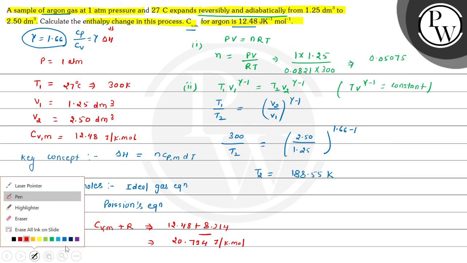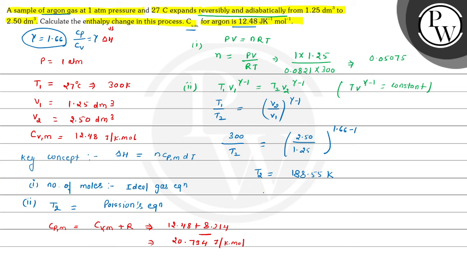Now we can substitute the values in the formula. The del H, that is change in enthalpy, is equals to n Cp dT. So n is the number of moles, which is 0.05075, multiplied by the value of CPM, 20.794, multiplied by dT, that is change in temperature, T2 minus T1.